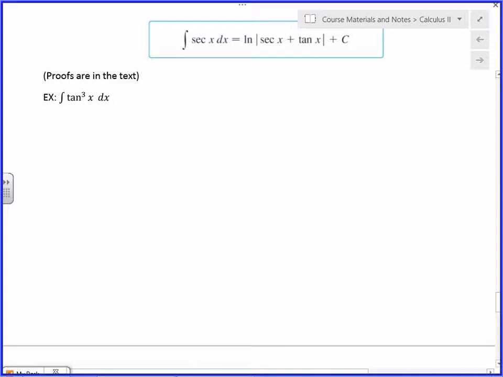But it's actually not that bad if you play with it. First thing I would do is write this as tangent squared of x times tangent of x. Pretty much anytime we see an odd number, you split.